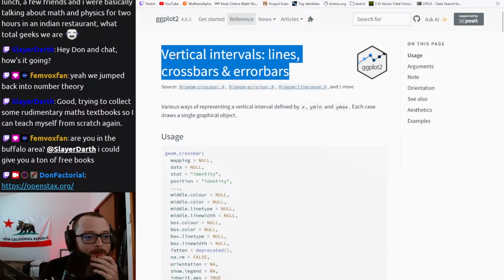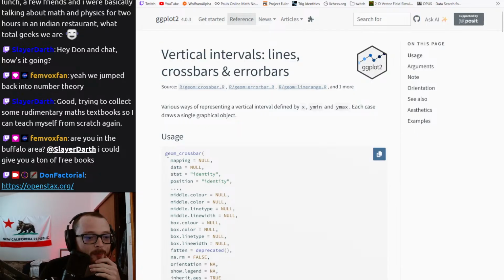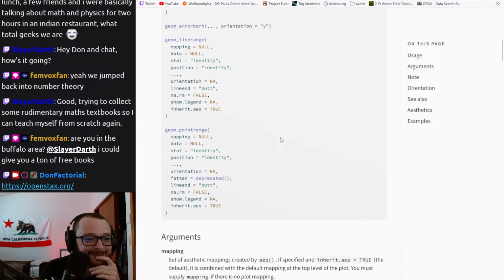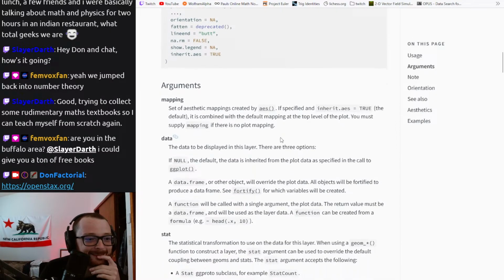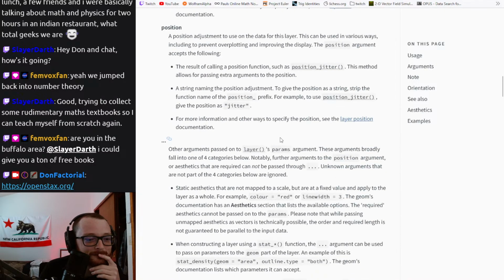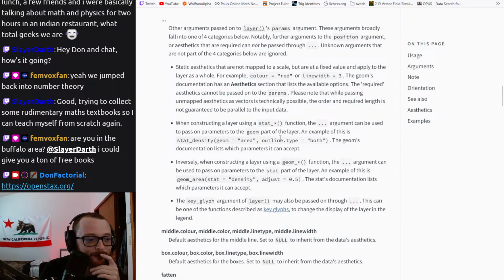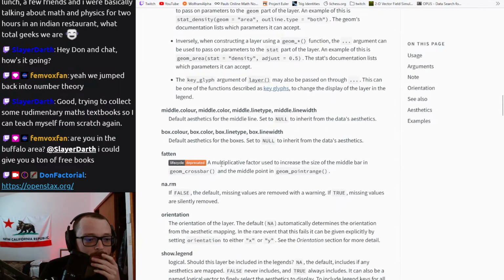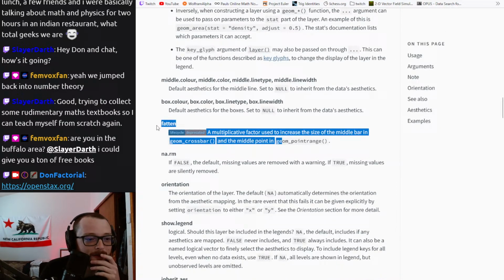The title should be the name of the functions that you're talking about. This is the same documentation that we were just looking at inside of RStudio, but it's way easier to have it in the browser.